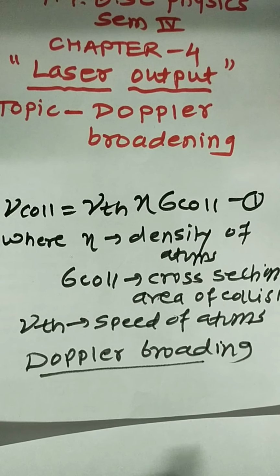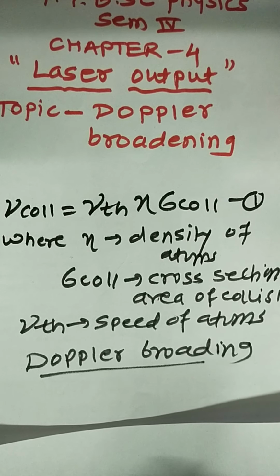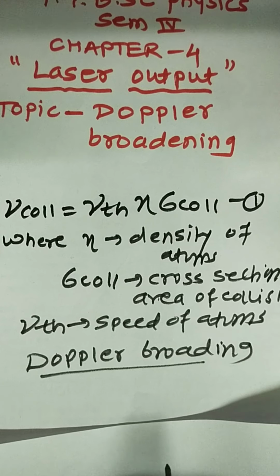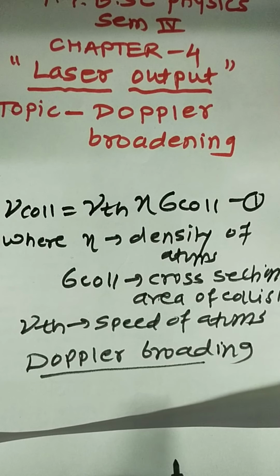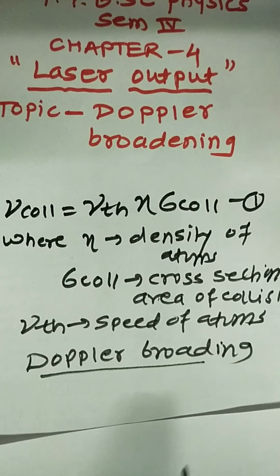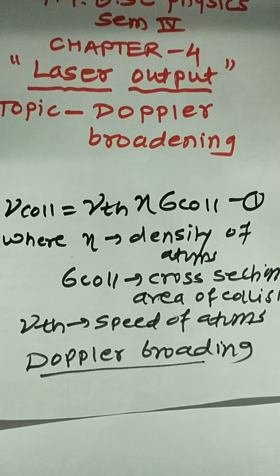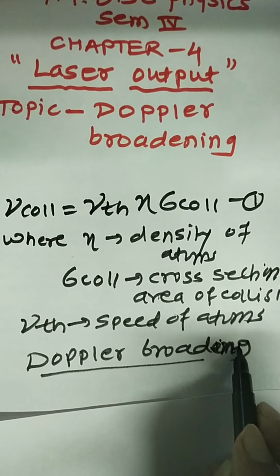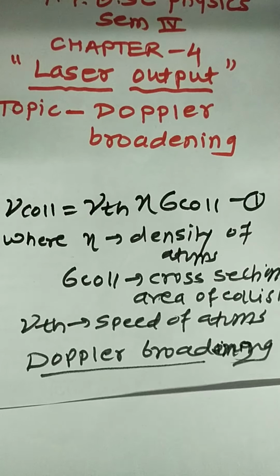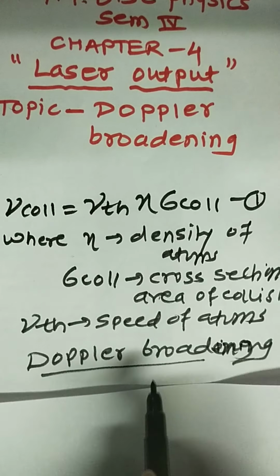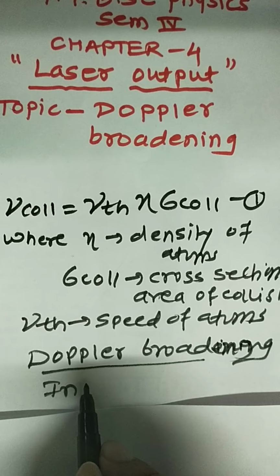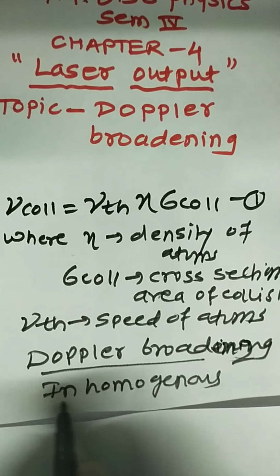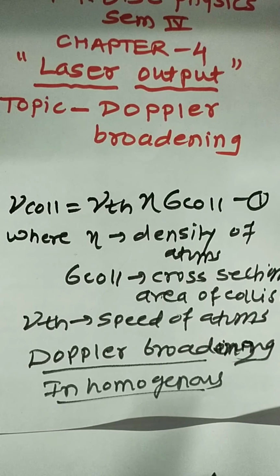Doppler broadening results from the difference in frequencies measured for the radiation emitted from atoms as they travel away from or towards an observer. Collision broadening, by contrast, is a homogeneous broadening.